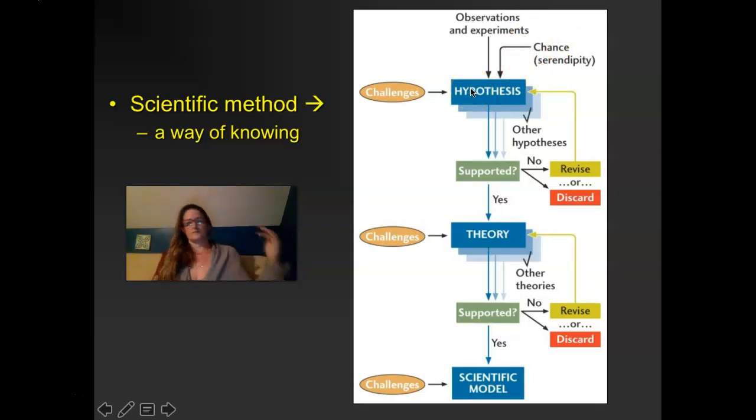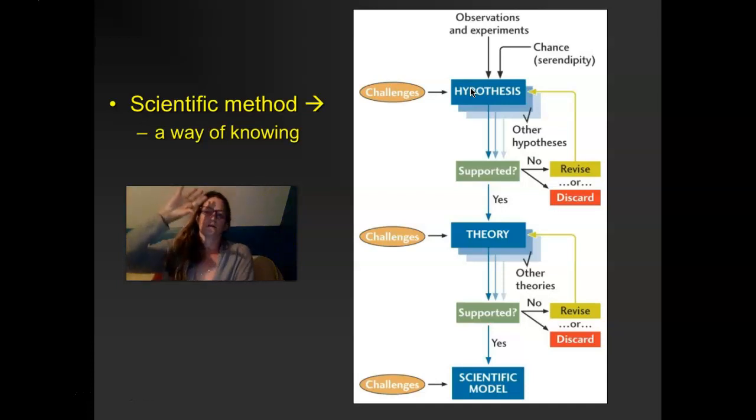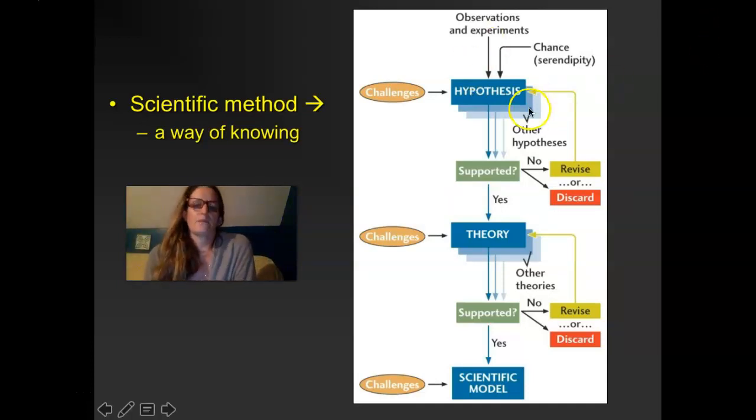Meanwhile, that hypothesis is going to be challenged, right? So we're going to challenge the hypothesis. We're going to have in the background other hypotheses. So just be thinking, well, this is what I think it is, but it could be this or it could be this. And then we would revise or discard based on any kind of experiments that we're doing.